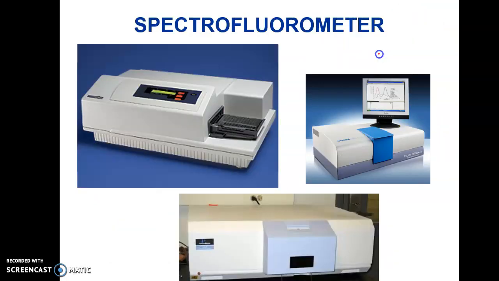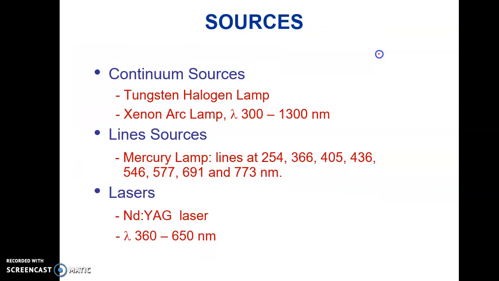So this is an example of a spectrofluorometer. We have one spectrofluorometer, but it's not been used largely. Therefore, the maintenance is not up to the standard. Okay. So this is the source of radiation. If you have a tungsten lamp, it can give you UV radiation.